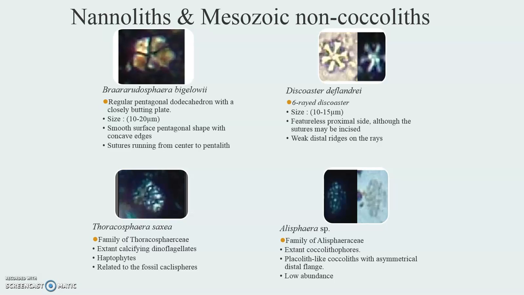And this Discoaster defandrei is also fragile, with 6 radial arms and with distortions on the rays. So the Thoracosphaera came from the family Thoracosphaeraceae, extant calcifying dinoflagellates, which have 2 parts related to the fossil calcispheres, and lastly Helicosphaera is an extant coccolithophore, a propeller-like coccolith with an asymmetrical distal flange, but it is of low abundance in this research.